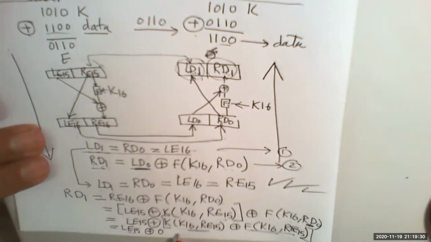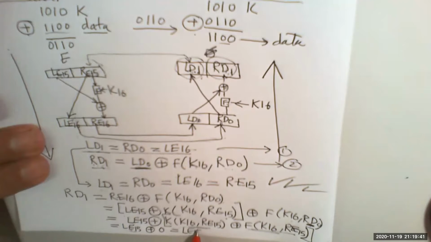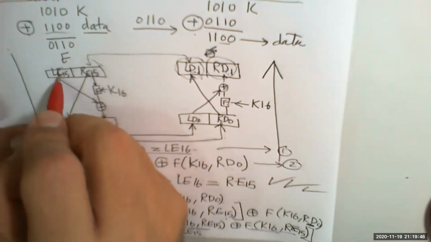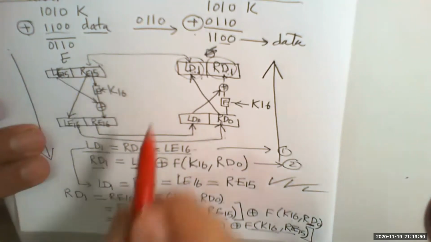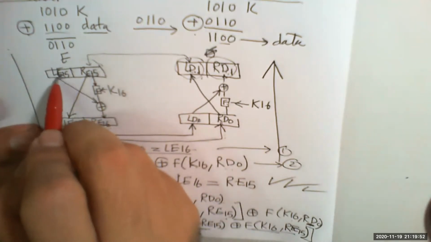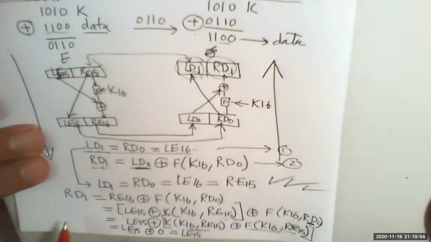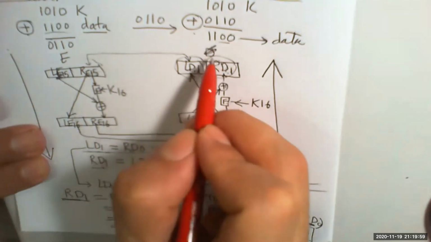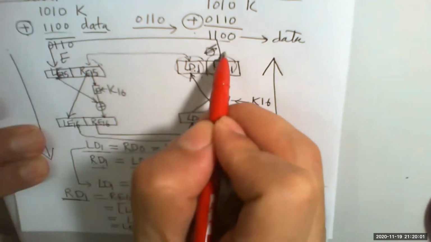If LE15 is 1, the result is 1. If LE15 is 0, the result will be 0. So now the result is LE15. LE15 means we have returned the exact left hand side of encryption. So now we have proved that RD1 is exactly LE15. So now we proved the second part.